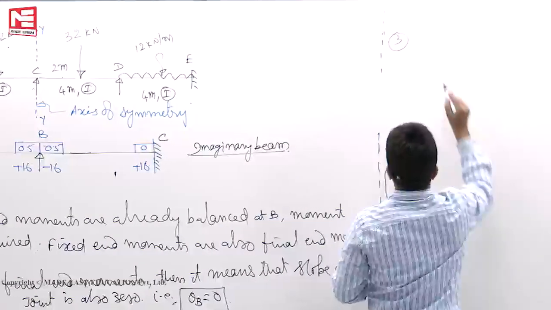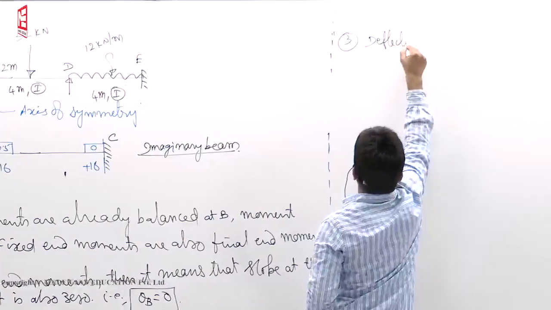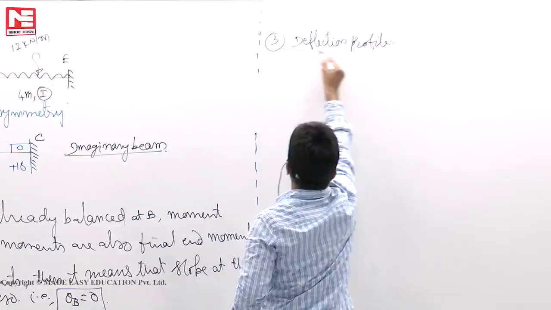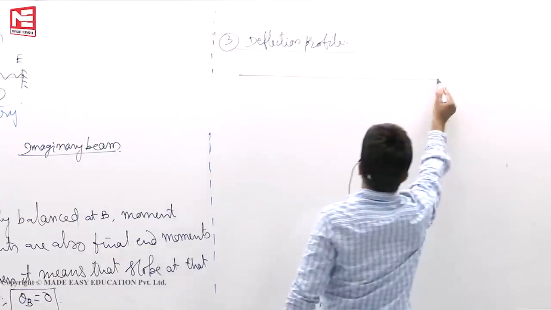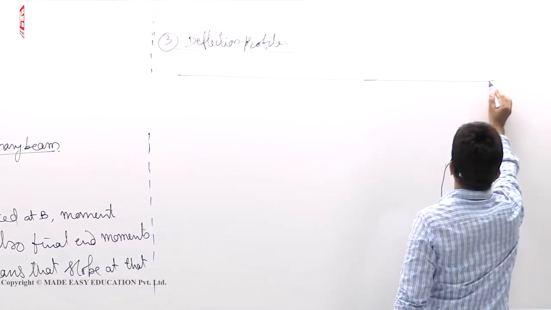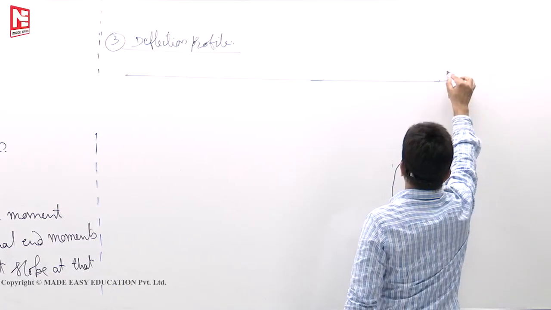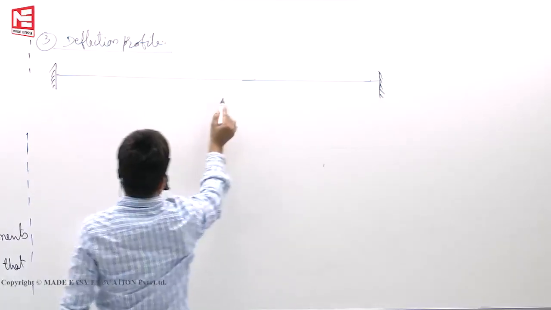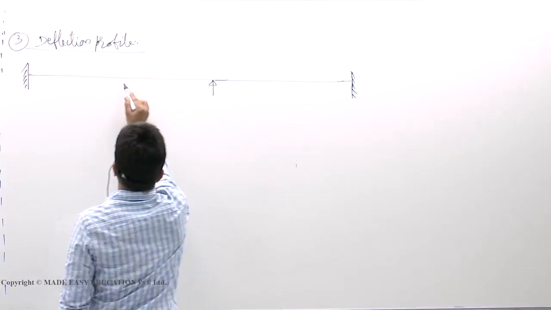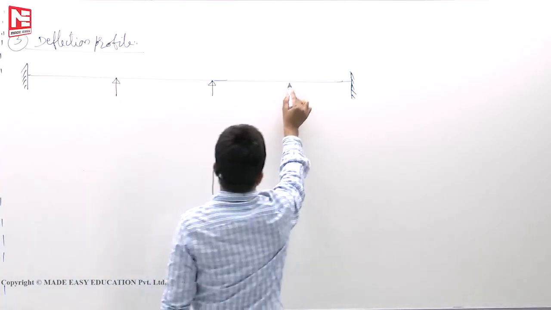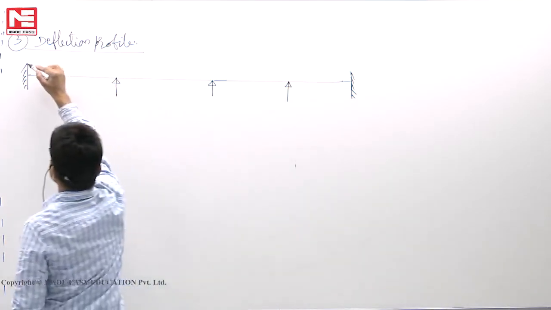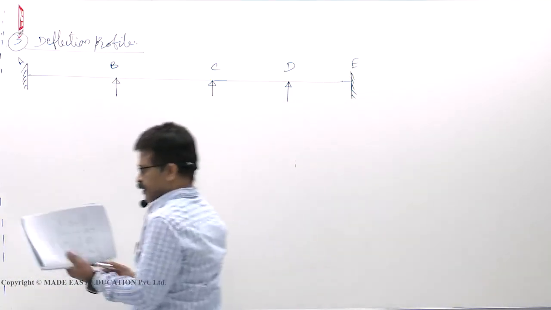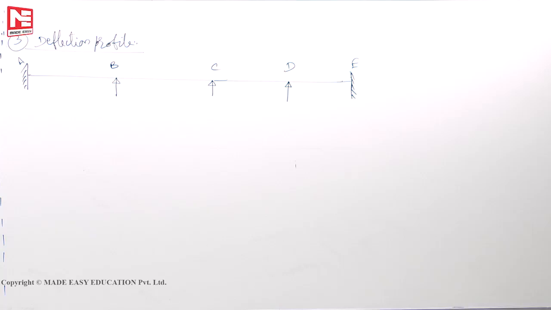Third point, deflection profile. Let us say the points A, B, C, D, E. Everywhere slopes must be 0.